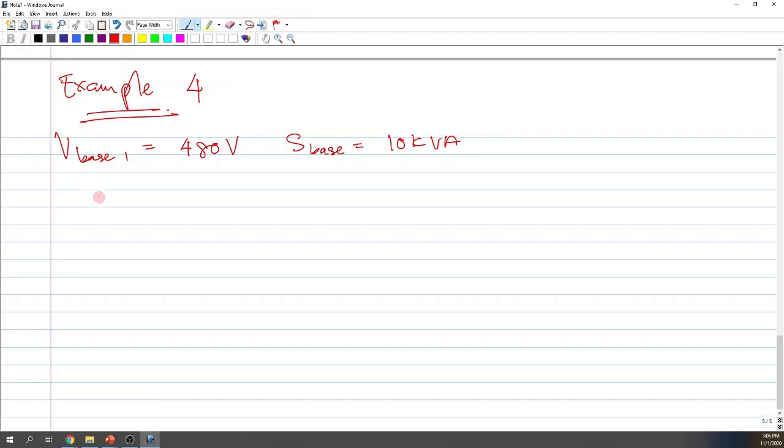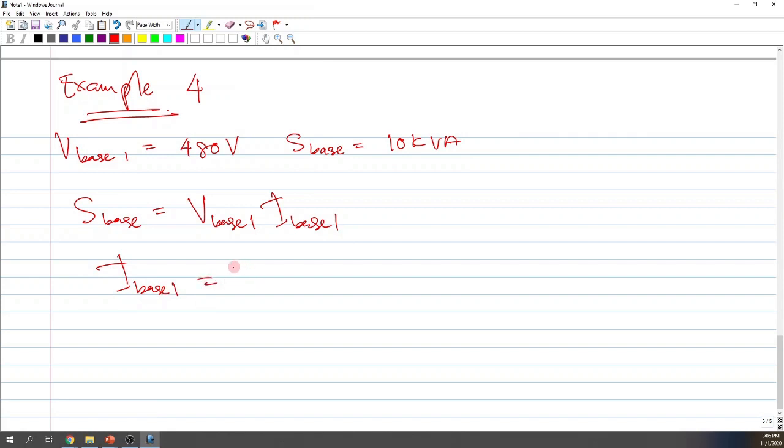So what happens for the first current, we want to measure the current. As we know, S base, or the formula for S, is V times I, V base 1 times I base 1. So what we want to find is I base 1.